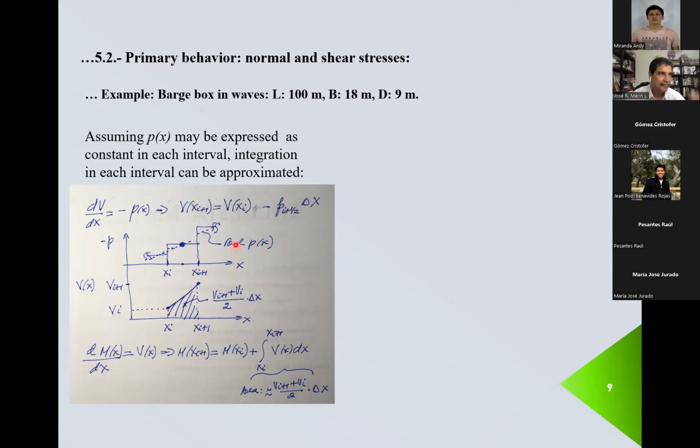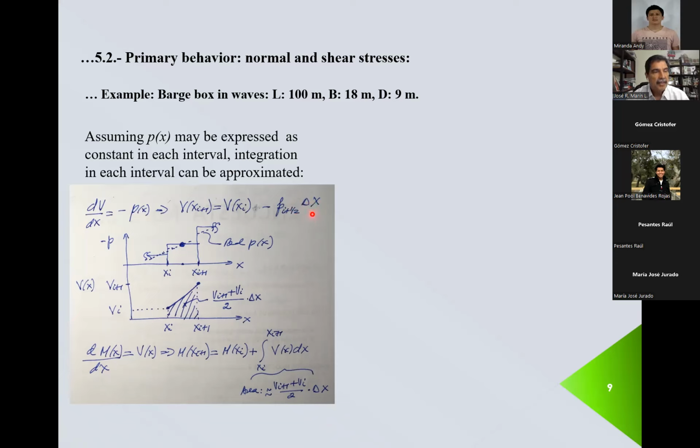But you can do two integrations, but once is enough. So we can say P of X is very small, change is very small from here to here. If that's correct, the integration of this is just P times delta X, and that's what we're saying here.